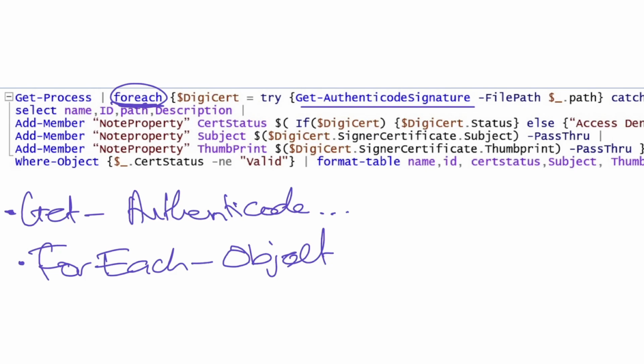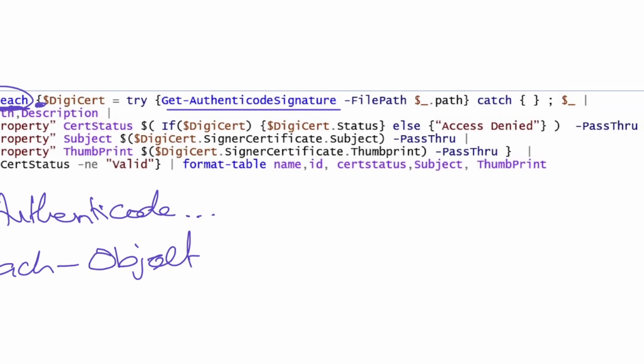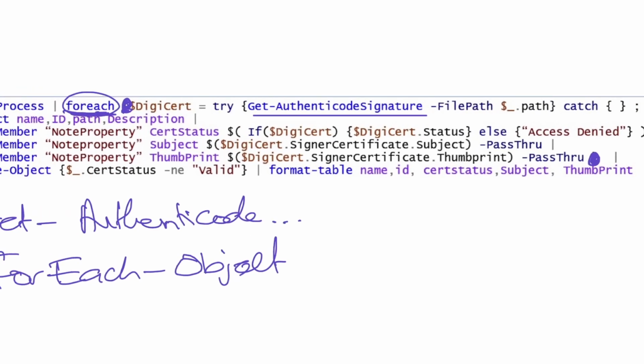So ForEach. You notice here, if you have any familiarity with any programming language, this ForEach starts the block from here and ends all the way to this side. So we're gonna try to understand everything that goes in between.